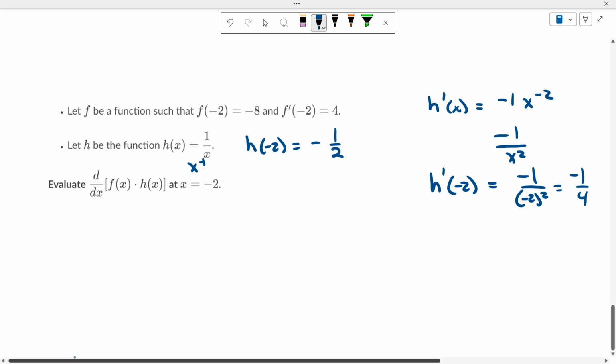So to do the derivative using the product rule, f of x times h prime of x plus h of x times f prime of x. What's f of x?